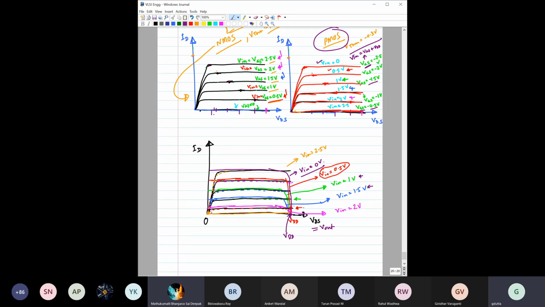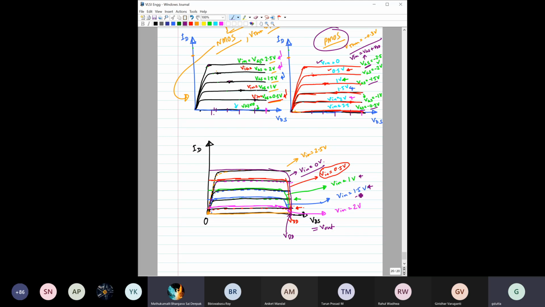Then go to the next one. Increase it again by 0.5 volt, so it is 1.5 volt. At 1.5 volt Vin, the PMOS characteristic is like this, and the NMOS characteristic is this one. So where is the intersection? Intersection is here. Now see here the beauty. All of a sudden the intersection has changed from this side towards this side, right? Earlier it was very close to VDD, but now it has immediately shifted from VDD to very near zero, right?